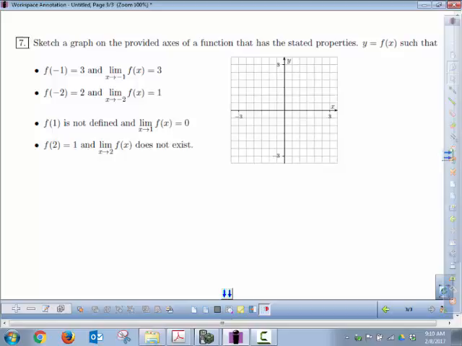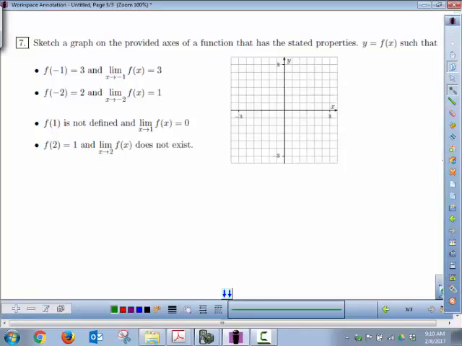So let's start with the first one because it seems really easy. I need to go find negative 1 somewhere. If this is negative 3, maybe I'll make it a little bit bigger.